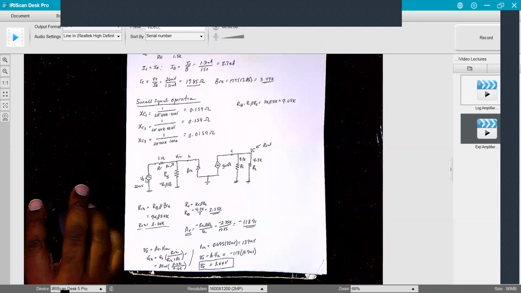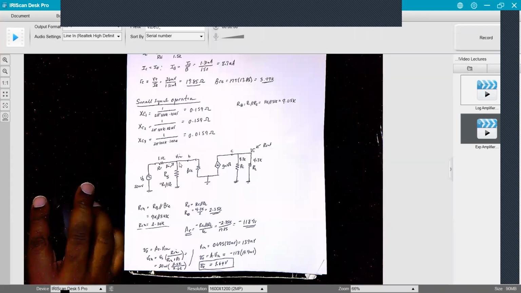On the input here, we have VS, which is 20 millivolts peak to peak. It goes through RS of 1.1 K, into R1 in parallel with R2, which we call RB, large B, and we find the parallel combination of those.